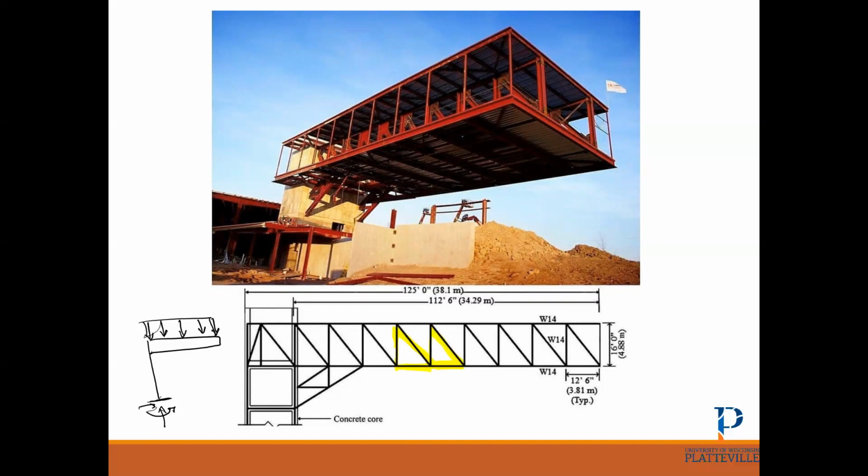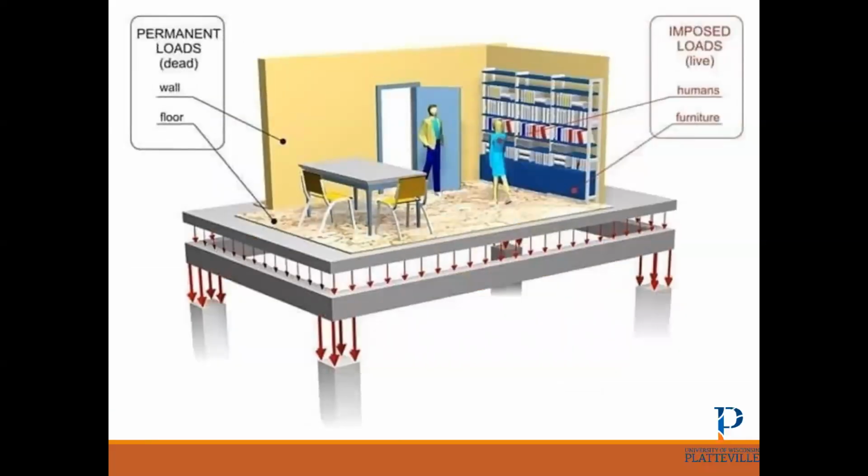All right, let's look at the big picture of why we want to find internal forces and how to simplify a model. So here is a picture of different types of load we have. So this is a concrete slab.